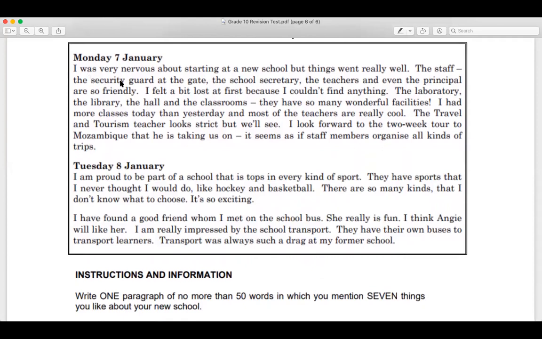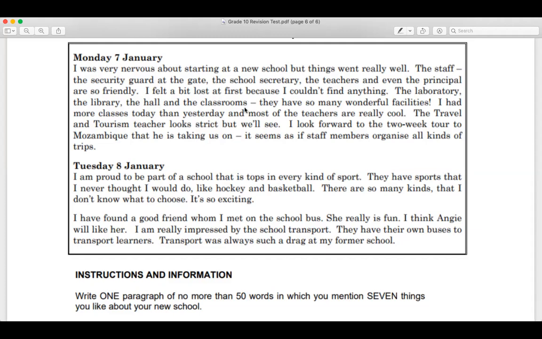Monday, 7 January. I was very nervous about starting at a new school, but things went very well. The staff, the security guard at the gate, the school secretary, the teachers, and even the principal are so friendly. I felt a bit lost at first because I couldn't find anything: the laboratory, the library, the hall, and the classrooms.